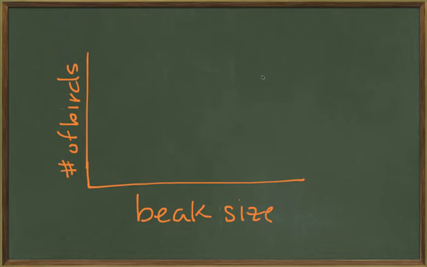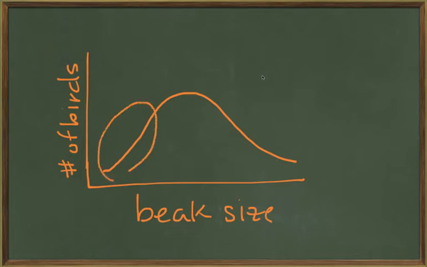Now, in a population, it's going to look very much like a bell curve, where I have a nice little line like this, where it goes up and then it comes back down. And the big thing about a bell curve is that I have equal numbers of individuals on either side of the bell curve. That's what makes a bell curve. These two areas should be equal.